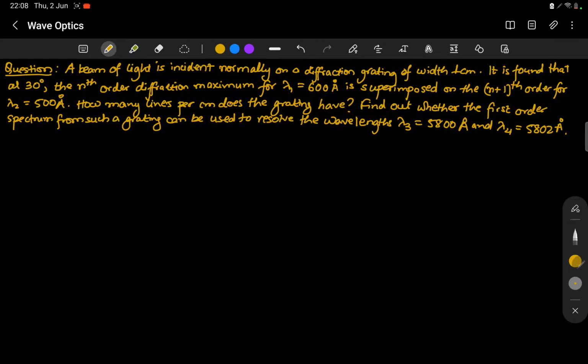So this is the question on the diffraction grating and resolving power of the grating.